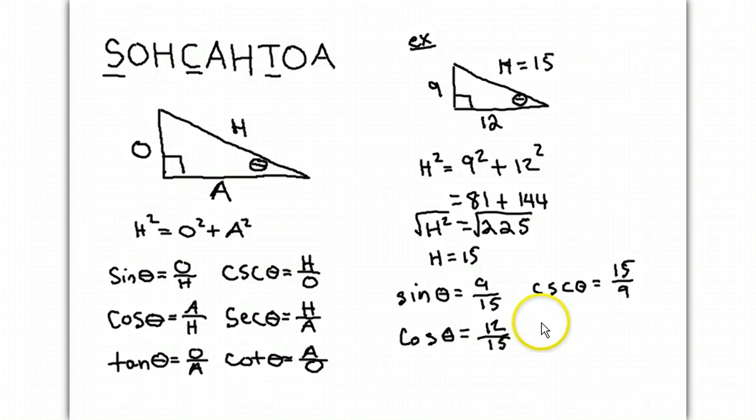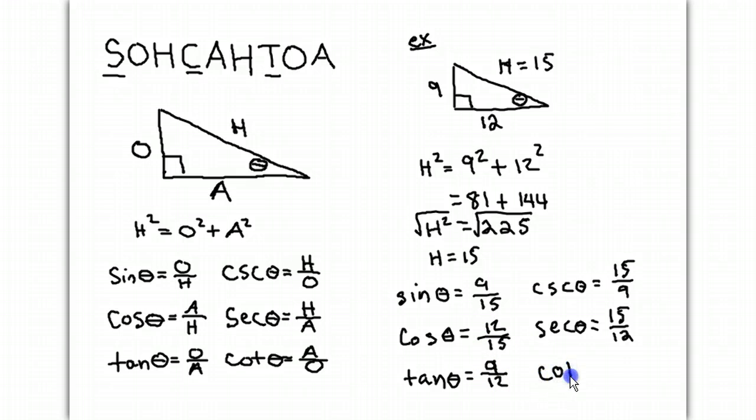And when you flip the cosine, you get what's called a secant. So secant of theta is 15 over 12. Tangent of theta, which will be opposite over adjacent, is going to be 9 over 12. And when you flip the tangent, you get what's called cotangent of theta, which gives you 12 over 9.